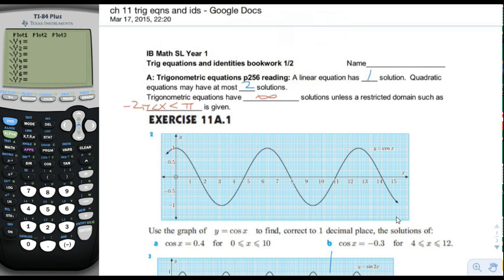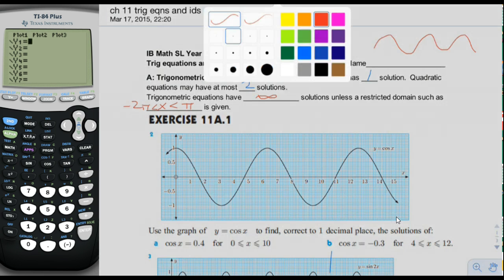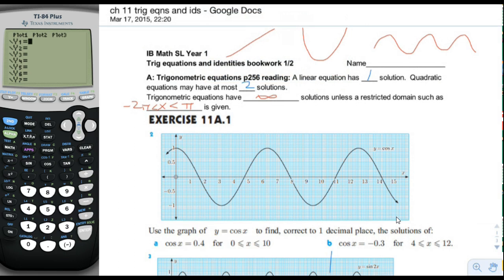Okay? Basically what this is saying is, if you have a line, a parabola, or a sine wave, all of these have different numbers of solutions when you ask, when does the line equal 3? When does the parabola equal 3? When does the sine wave equal 3?